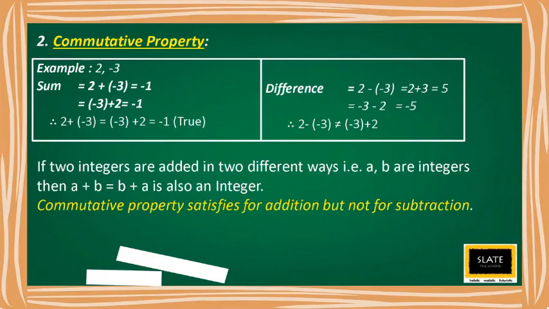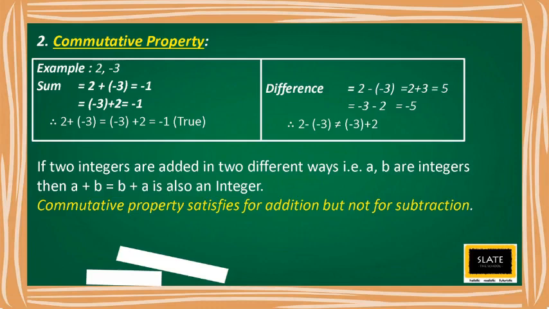Add 2 and minus 3. 2 plus minus 3 is equal to minus 1. Minus 3 plus 2 is also minus 1. Therefore, 2 plus minus 3 is equal to minus 3 plus 2.